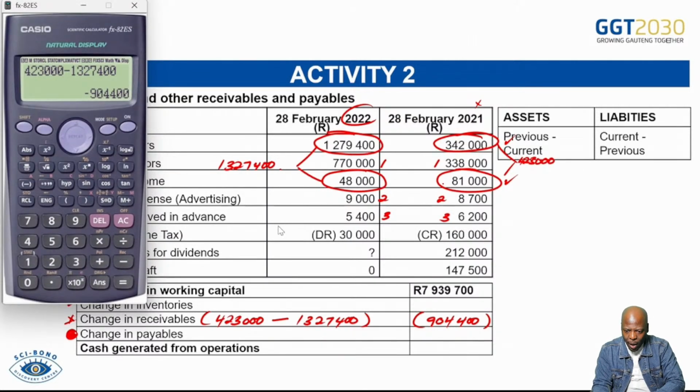Let's start in 2021. I'm going to say 338,000, which is my trade creditors, 338,000. And then I'm going to add my 8,700, plus 8.7. Then I'm going to add my 6,200, plus my 6.2. That is going to give me 352,900.